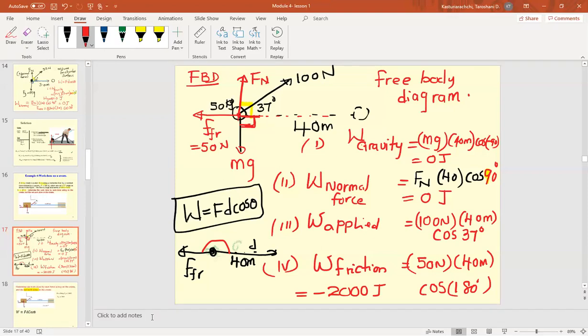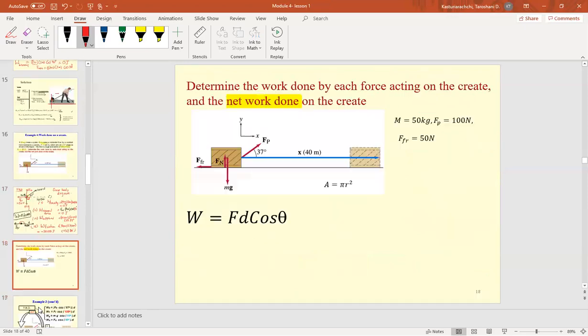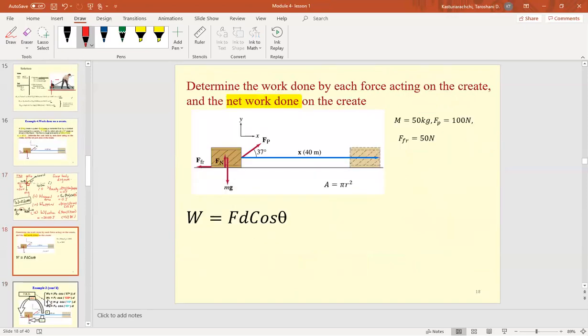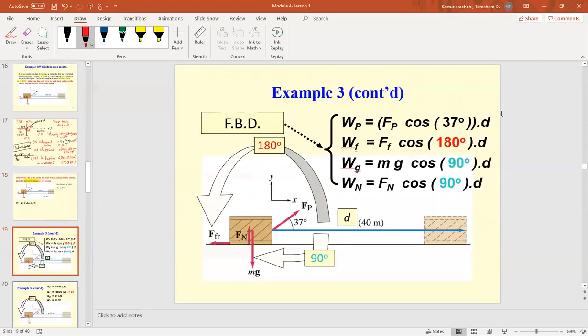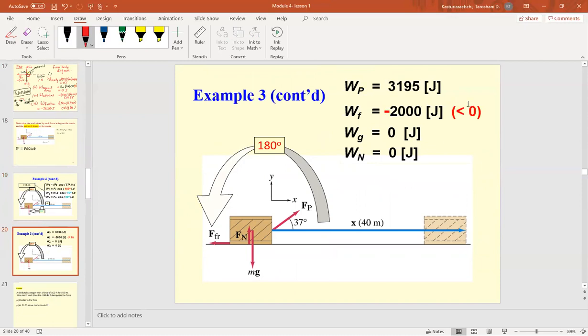Okay, now we have everything. You can check the numbers. I calculated everything here, and you end up with this. Because gravity is 0 and the normal force is 0, the frictional force gives a negative number, and this is the applied force.